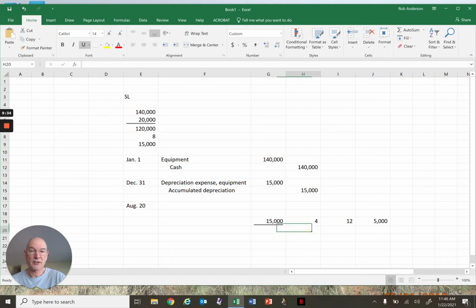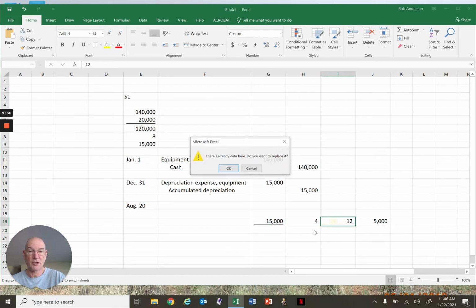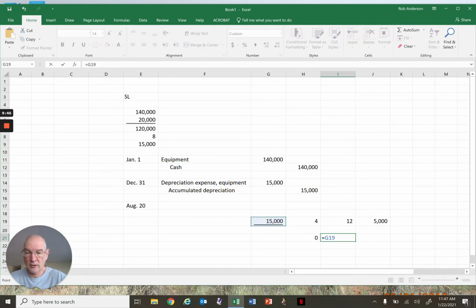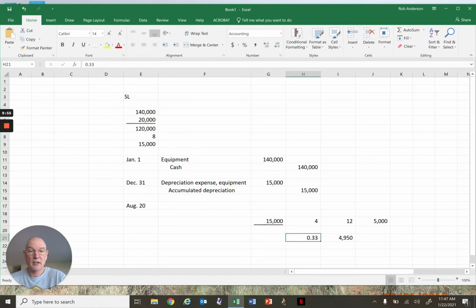If you round this off first, which I suggest you don't do, you would say, look, it's 0.33 of a year, and 15,000 times 0.33 is 4,950. Well, that's no good, is it? It's not 5,000, and it makes your life harder. So just recall this little formula: yearly depreciation times months divided by 12, and you'll always have the right answer.